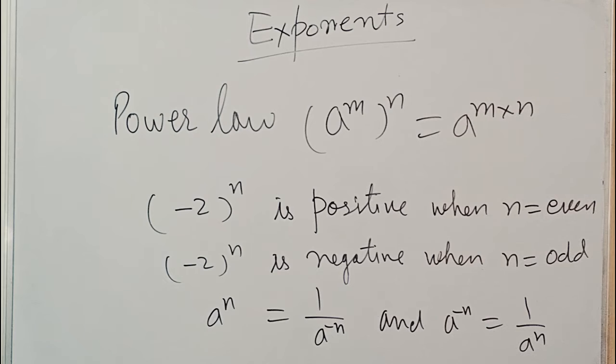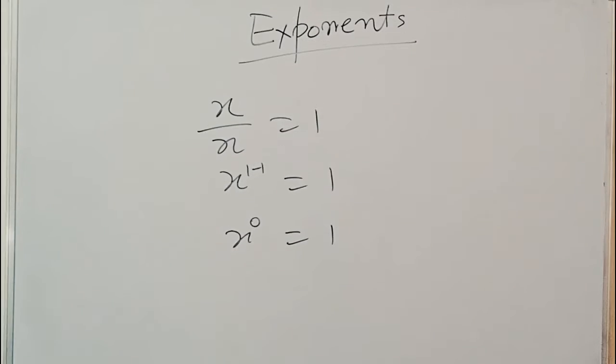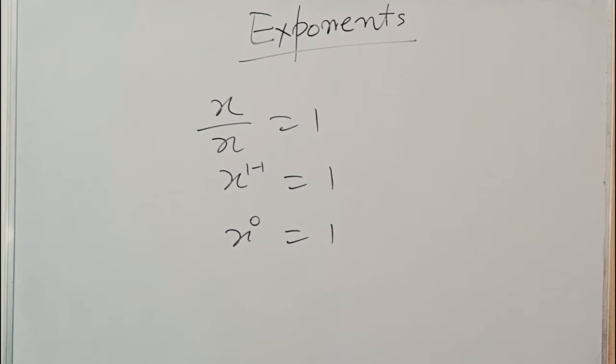One more identity is this: when a number is divided by itself, when x is divided by x, what will it give? Obviously it gives 1. So how can we write this in exponent form? x to the power 1, with x to the power 1 in the denominator.